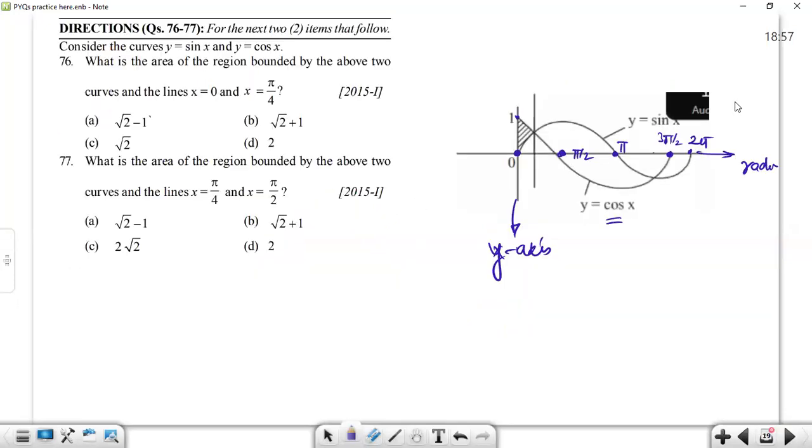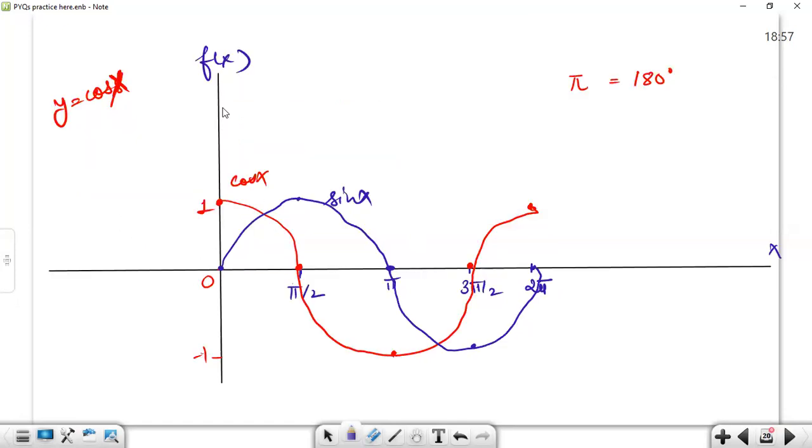Now the question asks about these two curves, which we have drawn. What is the area of the region bounded by the above two curves and the lines x equals 0 and x equals pi by 4? x equals 0 means the y-axis.